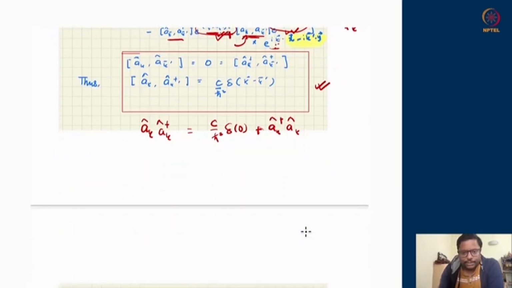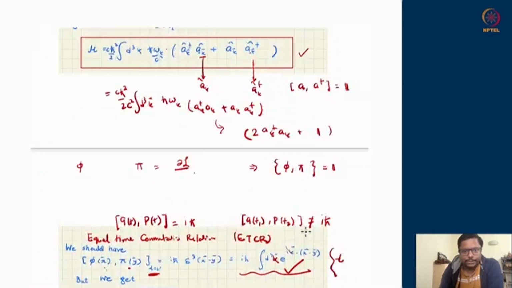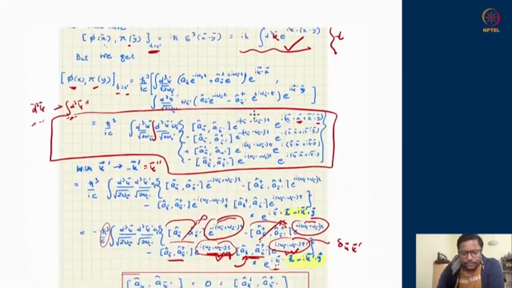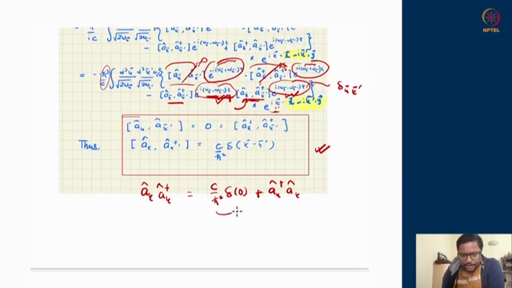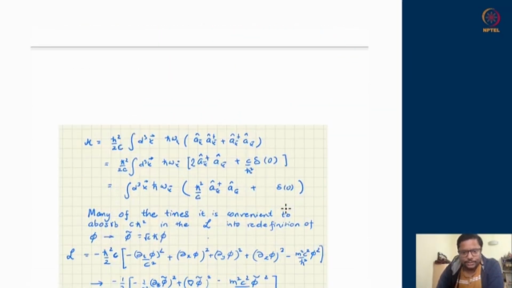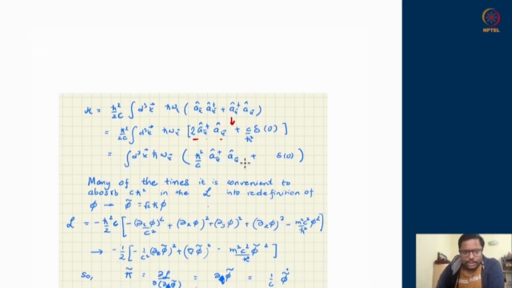So in the Hamiltonian which we had obtained previously, ak dagger was appearing over here. To this, I would just write down c upon h bar squared delta 0 and ak dagger ak. So that is what I will get: twice ak dagger ak and c upon h bar and delta of 0.